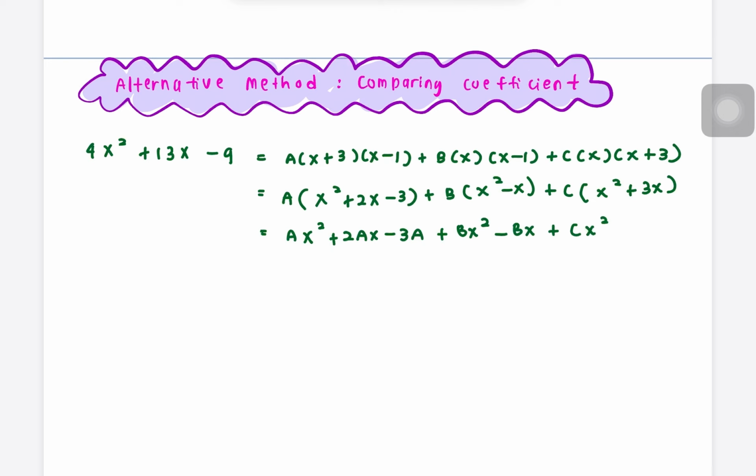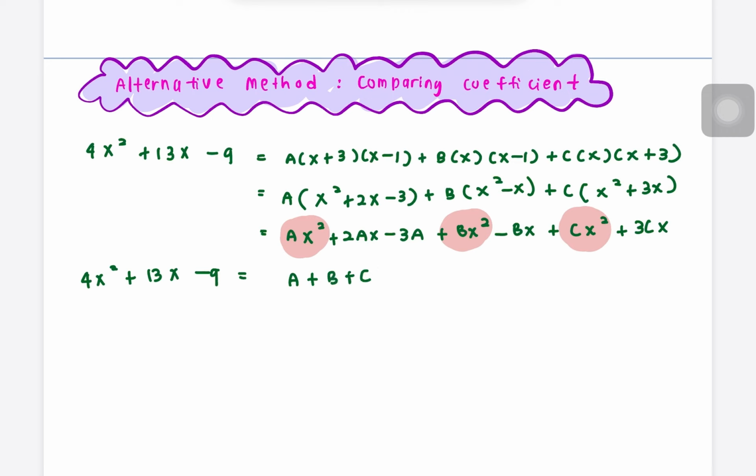And then for the coefficient of x, you have 2ax, negative bx, and 3cx. So combine all that coefficient: 2a minus b plus 3c. This is for x. And then the last one is for the constant coefficient, which is minus 3a.